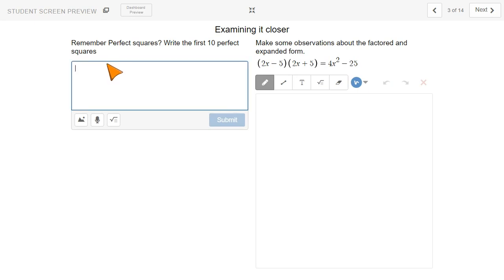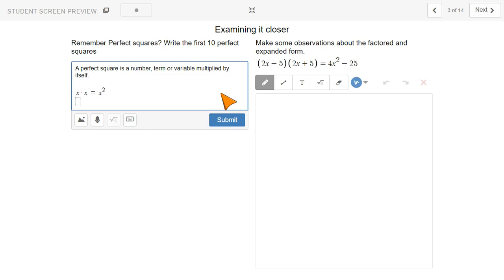Now, remember perfect squares? Perfect squares are just numbers, terms, or variables multiplied by itself. So for example, I could have x times x. This is equal to x squared. That's a perfect square.